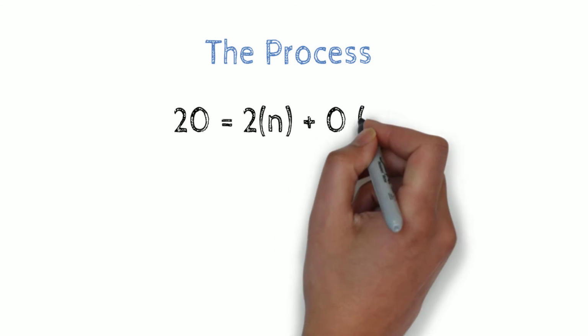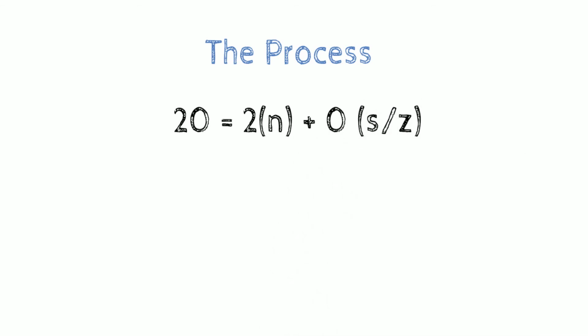Let's look at number 20. It has the numbers 2 and 0. Looking at the alphabet of numbers, 2 is represented by the consonant sound N, while 0 is represented by the consonant sound S or Z, which, when pronounced, produce the S or Z sounds.